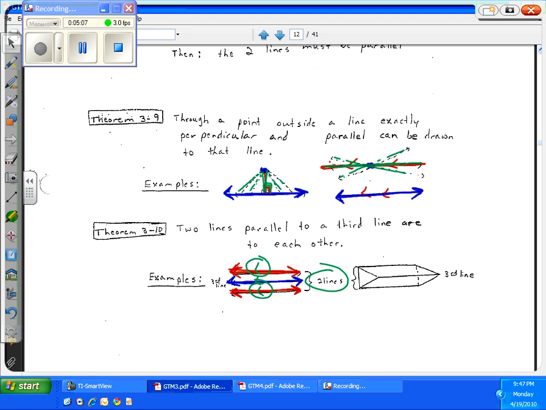If two lines are parallel to a third line, then those two lines must be parallel to one another.